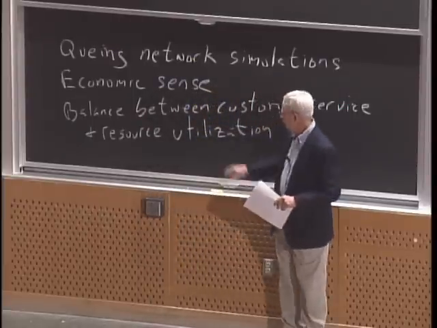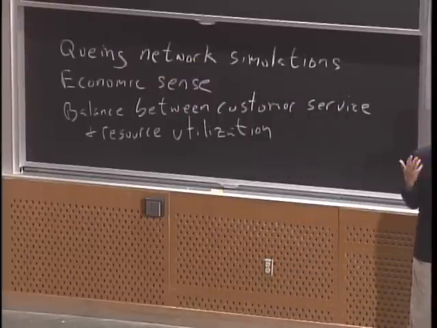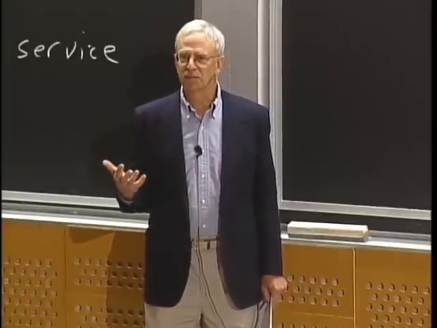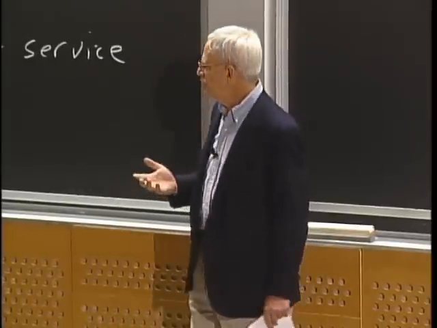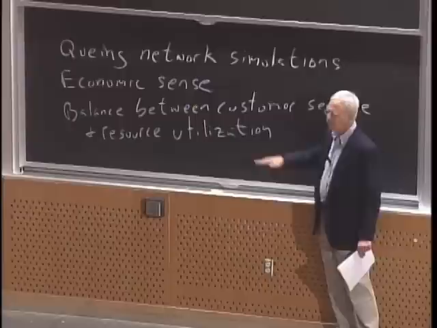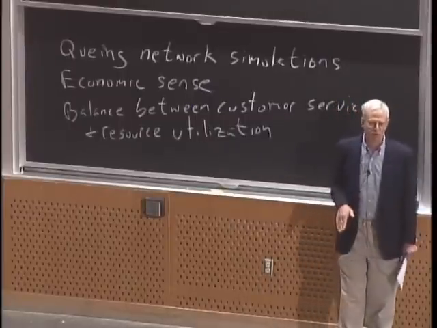The organization paying for the resources would like them to be working 100% of the time at full capacity, so there's no wasted expense. On the other hand, it's easy to show in any reasonable system that if you have 100% resource utilization, you're going to be providing terrible customer service.